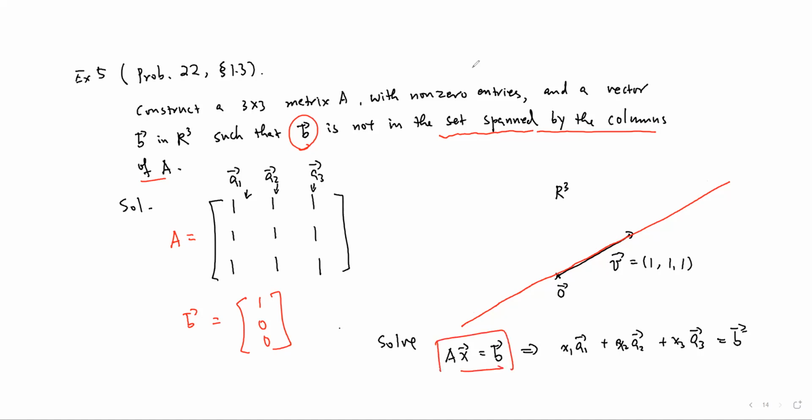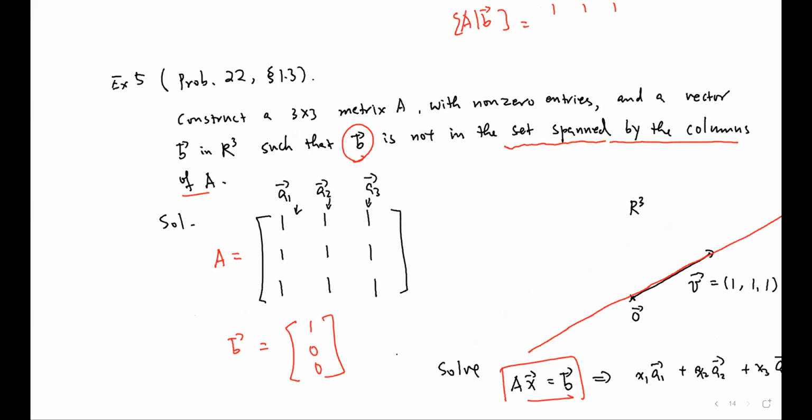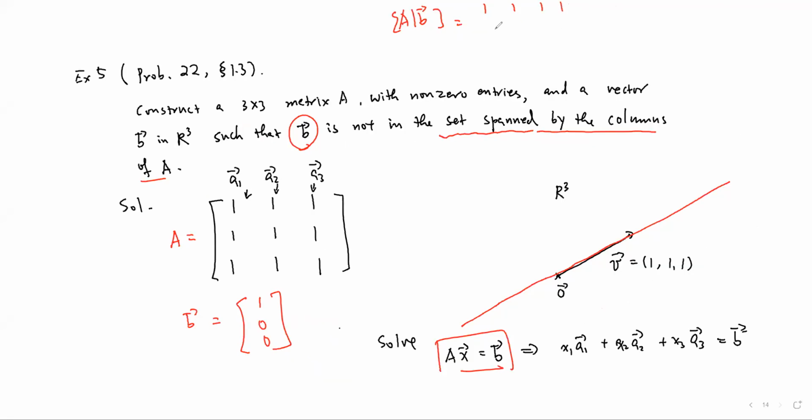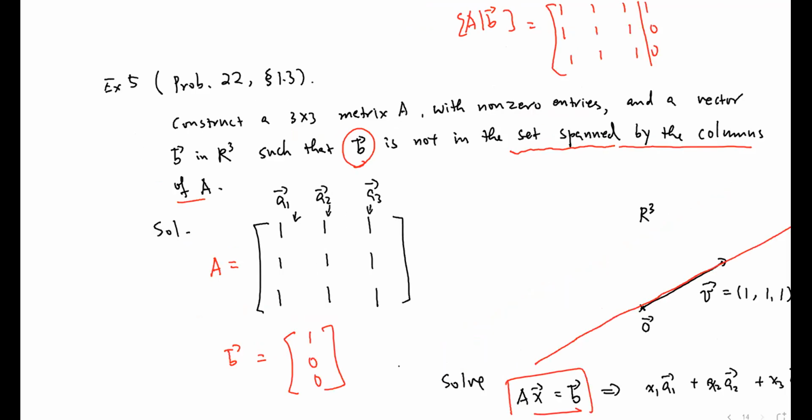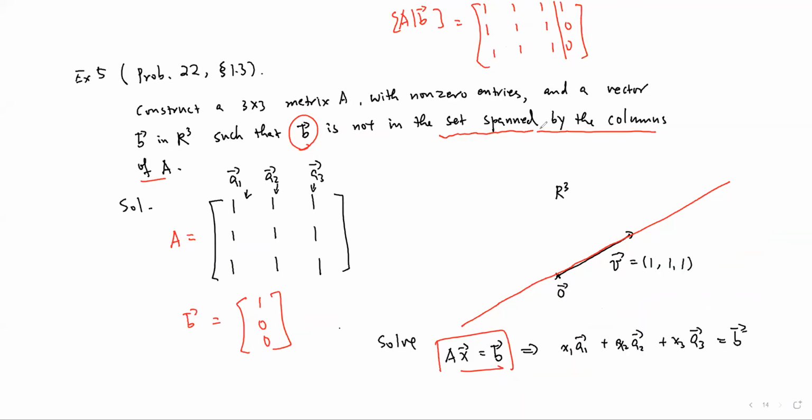Now solve it. Augmented matrix: 1, 1, 1, 1; 1, 1, 1, 0; 1, 1, 1, 0. How to solve it? Forward elimination, then you will see no solution.